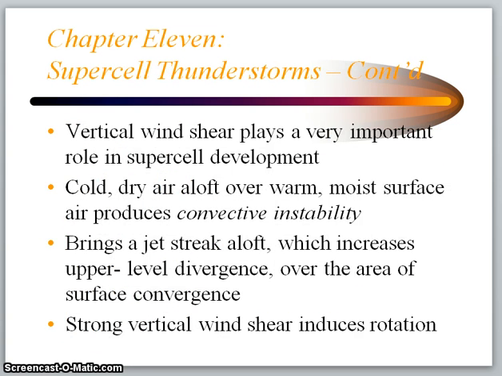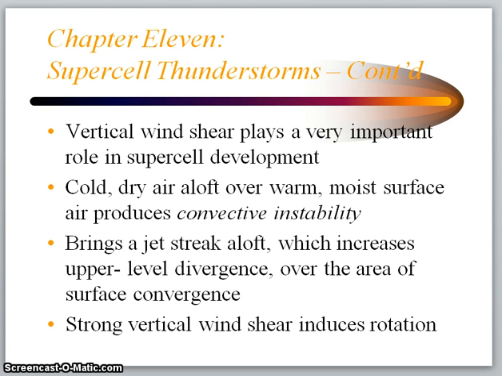Vertical wind shear plays, as I mentioned in a previous slide, a very important role in supercell development. Again, that means a rapid veering of wind direction with height and a rapid increase in speed of the wind with height. If you have cold, dry air aloft, meaning above your head, over warm, moist air on the surface, meaning down where you are, that produces convective instability.